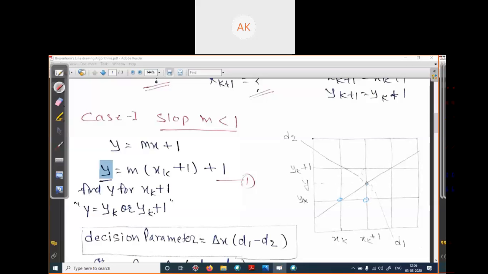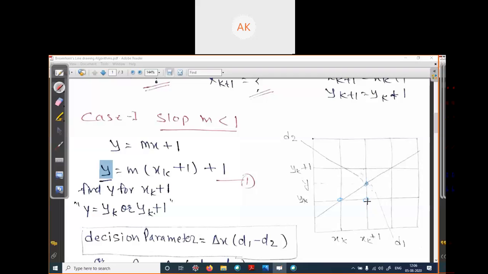So which y point are you going to select, yk or yk plus 1? It will depend on the distance, d1 or d2, whichever is minimum. Suppose d1 is minimum, meaning this y is near to yk, then we will select yk. If this y is near to yk plus 1, then we will select yk plus 1.